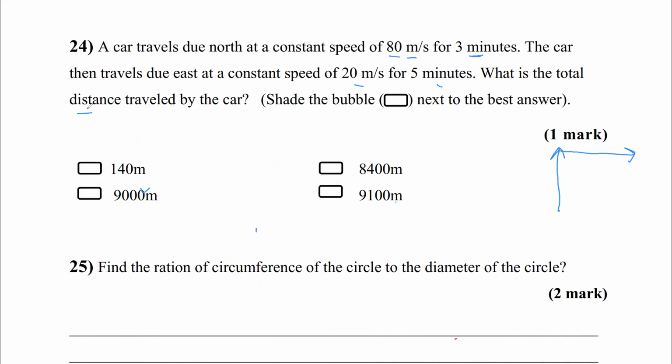So we have to know the total distance. We know that the formula here is distance is equal to speed multiplied by time. Here I just write down d1, and this is for example d2. So d1 distance is, speed here is 80 and time here is 3 minutes.